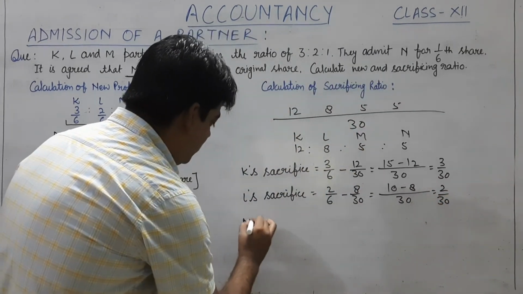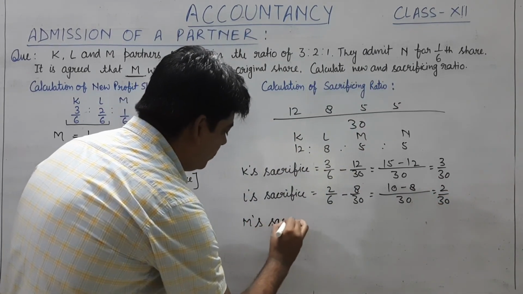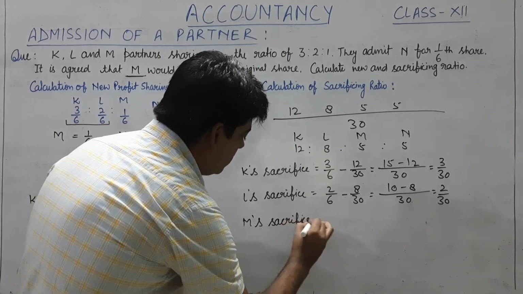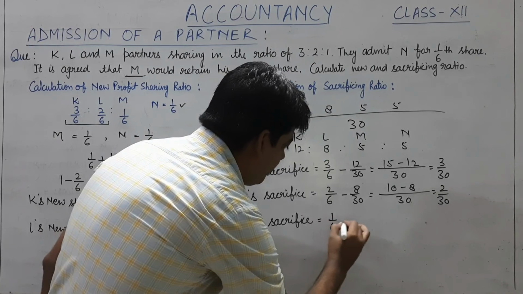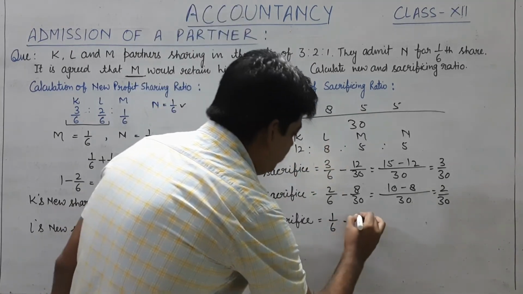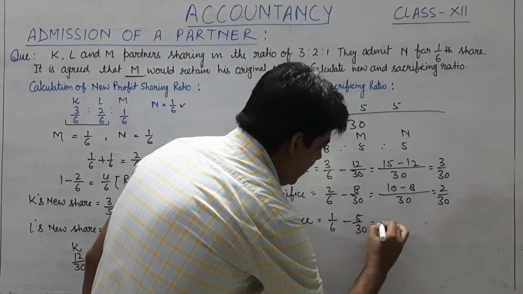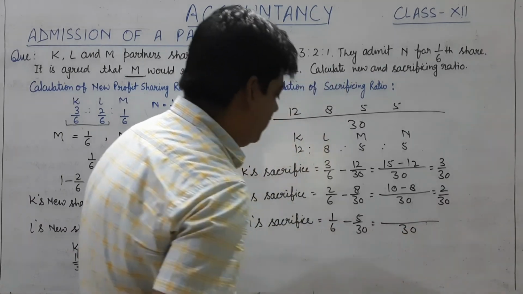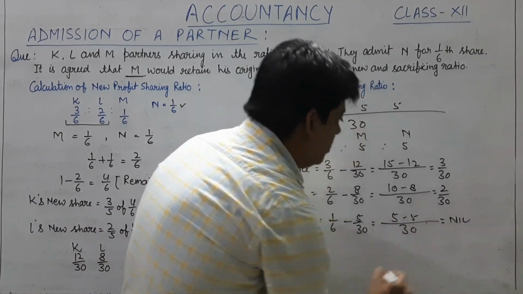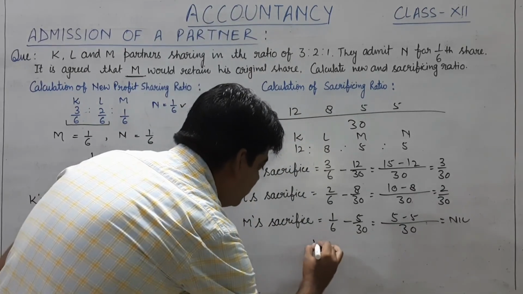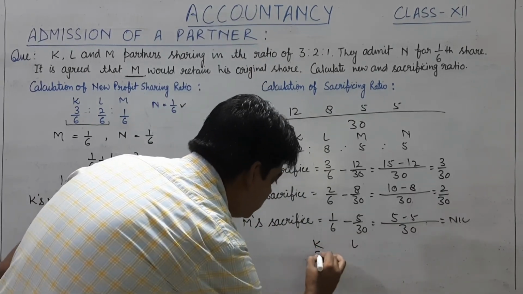And then we will calculate M's sacrifice. Old is 1/6 minus new is 5/30, and once again we will take LCM, that will come 30. 6 5s are 30, 5 1s are 5, minus 5, that will come nil. So the sacrificing share of K and L will be 3:2.